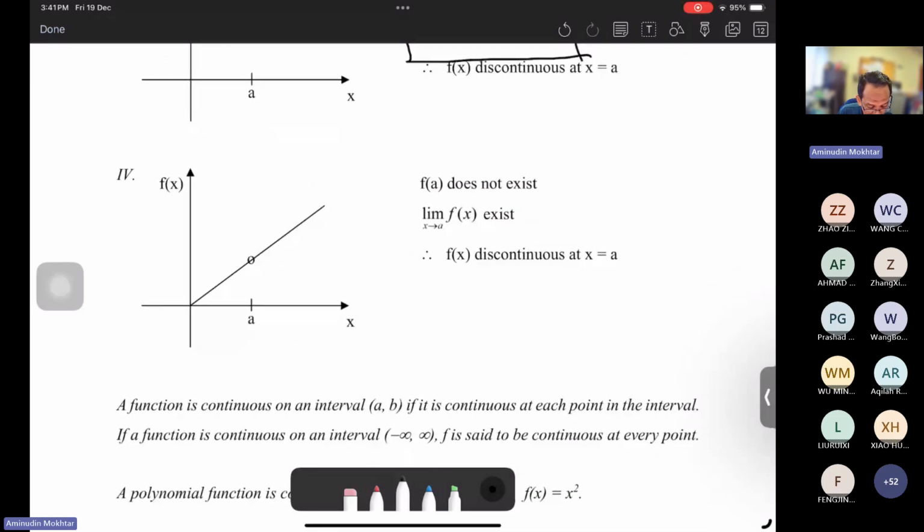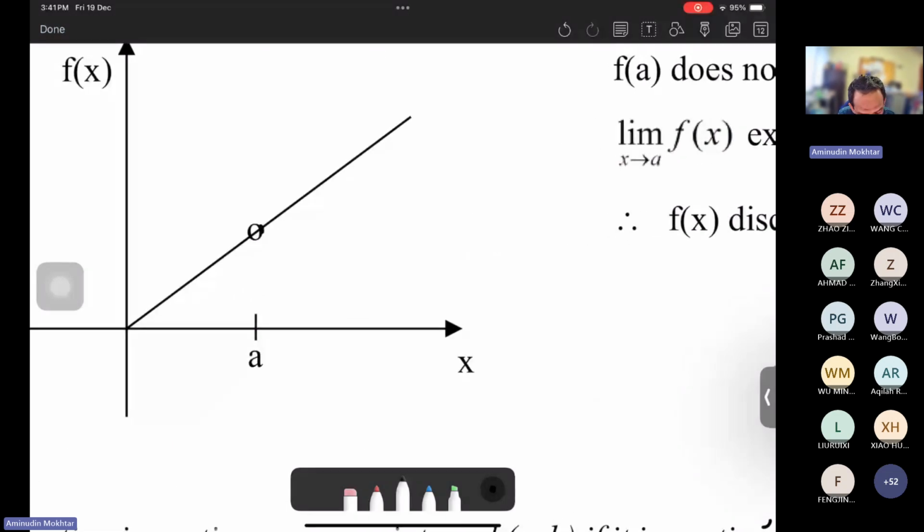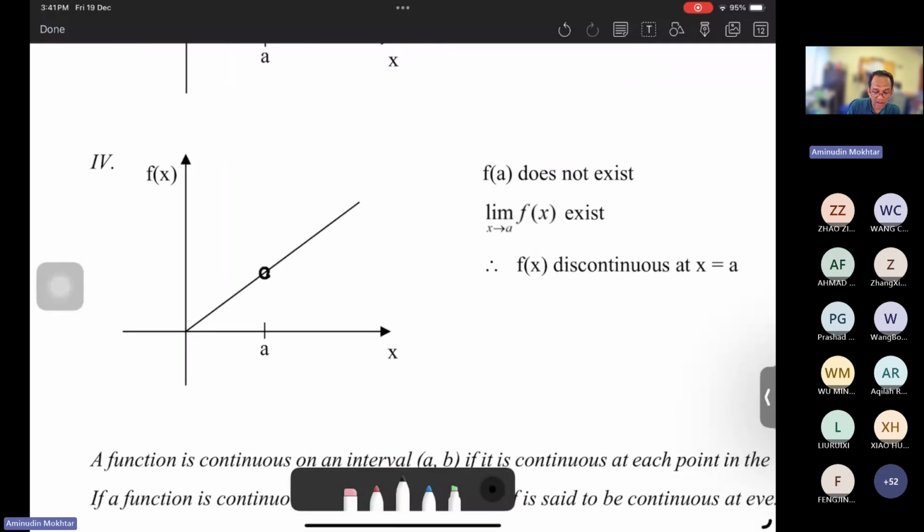Okay, the next example is, we have this graph, but in this graph there is only one white circle here. In this case, I'm talking about point a, not other points.